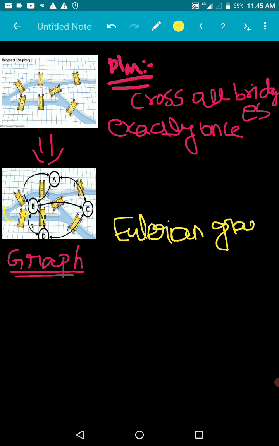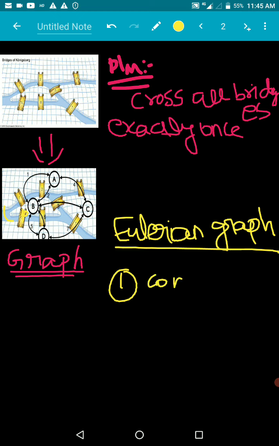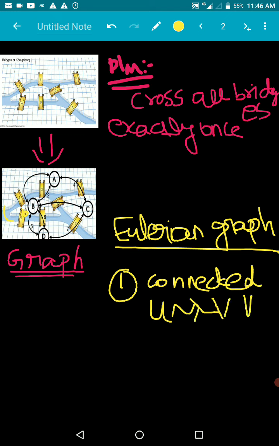How to check the beautiful properties of the Eulerian graph? The first rule or property is that it should be connected, which means we can consider any pair, and a path will exist for all u, v.